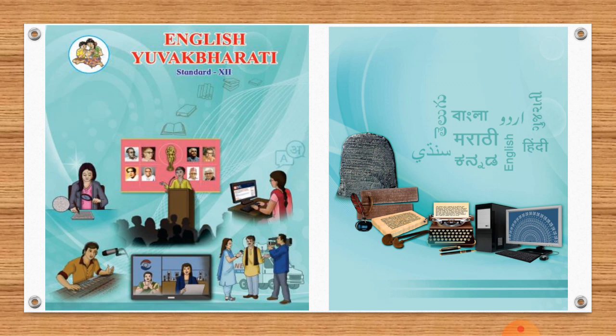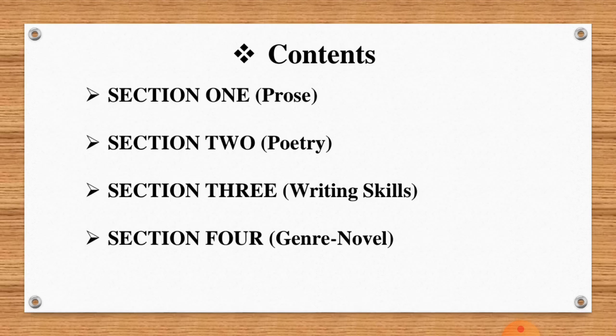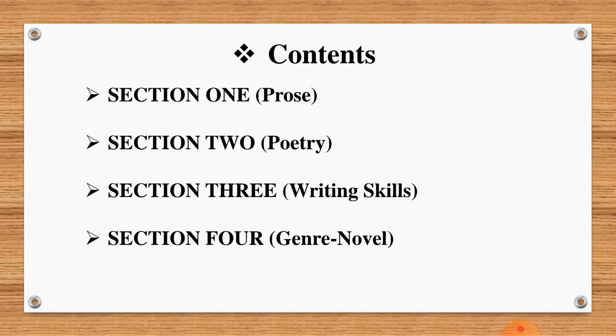Students, here you can see the cover page of the 12th English book, which is called English Yuvakbharati Standard 12th. Now let's discuss the contents of the English book. Students, our English book is divided into 4 sections.